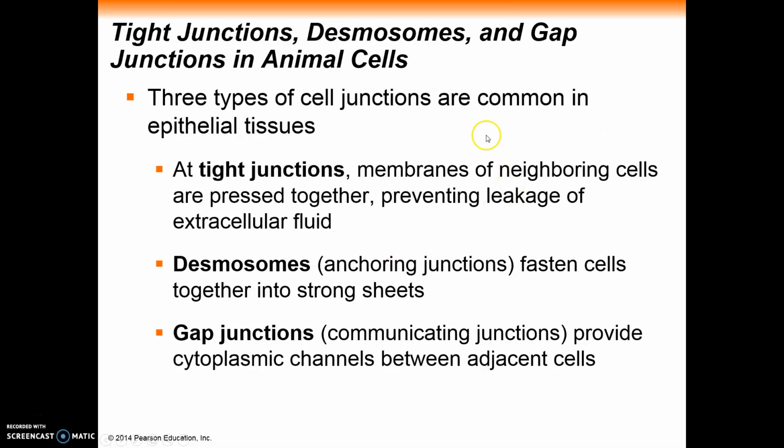Now, all cells, including plants and animals, have other types of junctions within them. So we have these things called tight junctions. This actually pulls together neighboring cells and prevents leakage of fluid through them. So the reason why our internal fluids don't leak out is because they can't get through these tight junctions.